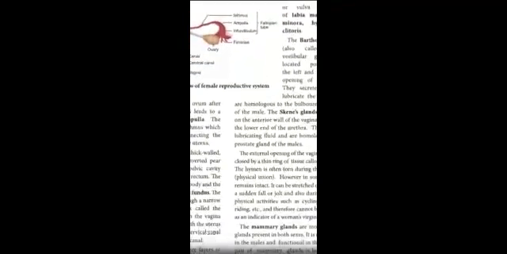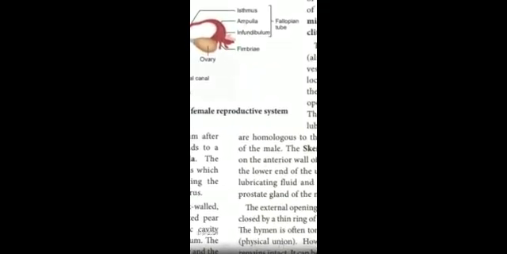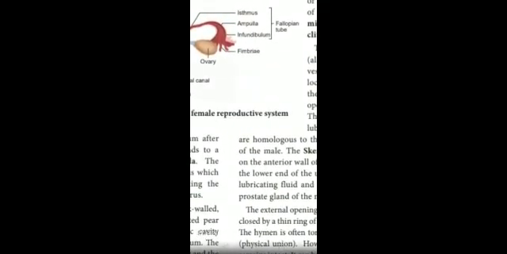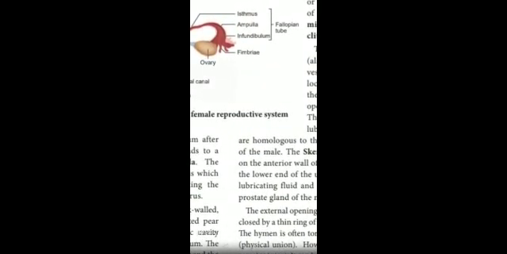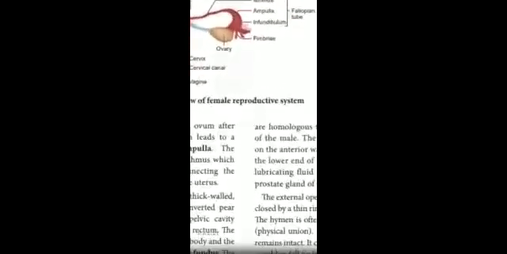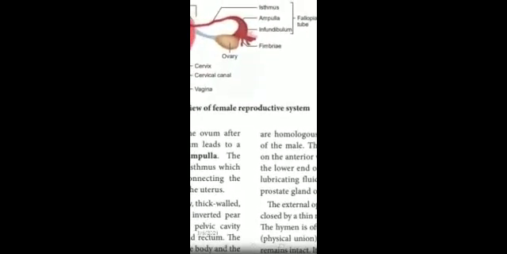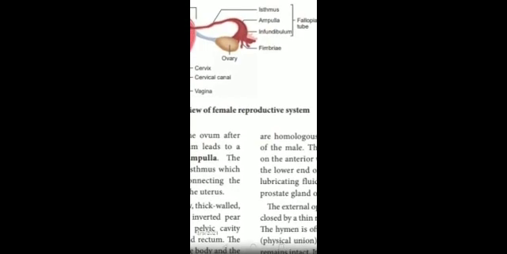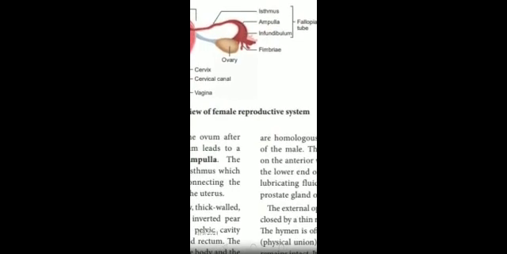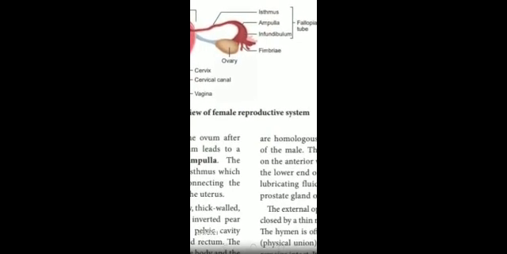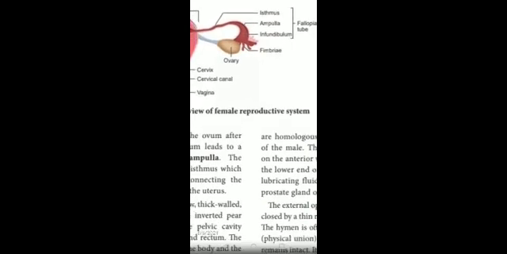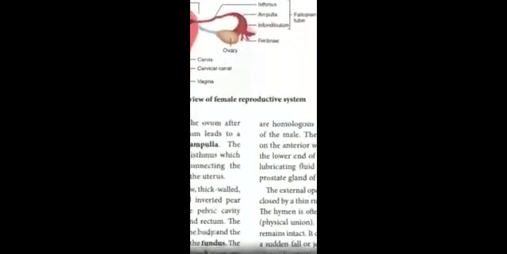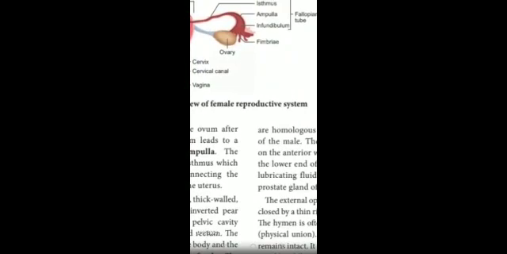Here can you see, this is the funnel shape, called the infundibulum. The edge of the infundibulum has many finger-like structures, which we call fimbriae. So the fimbriae help in the collection of the ovum after ovulation.